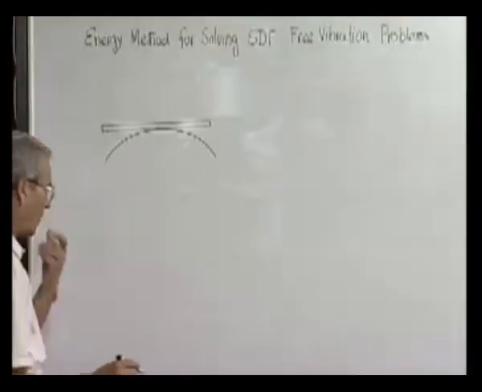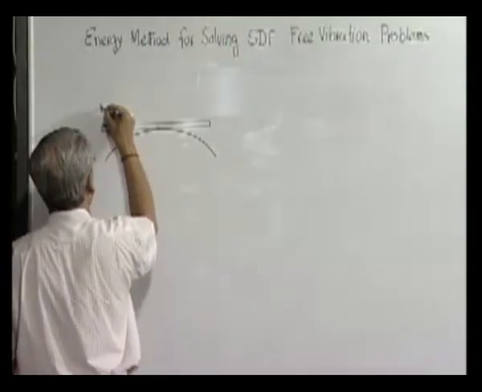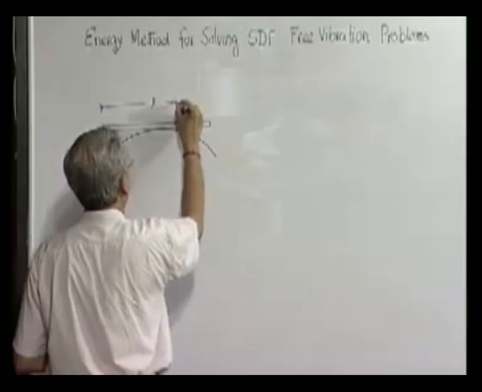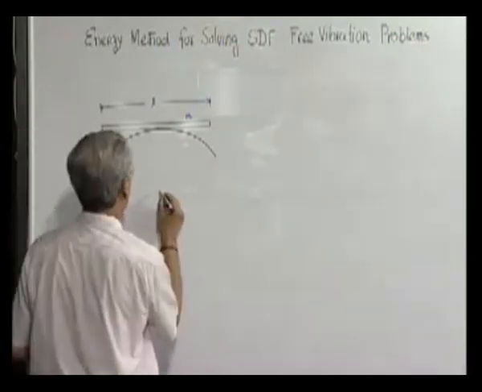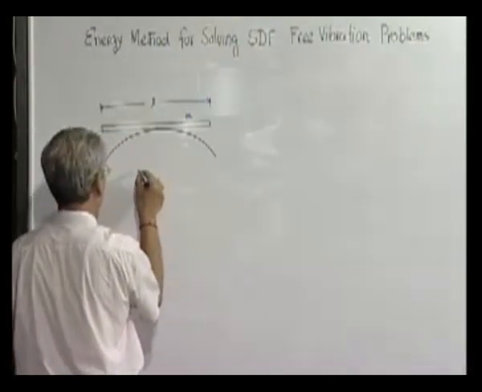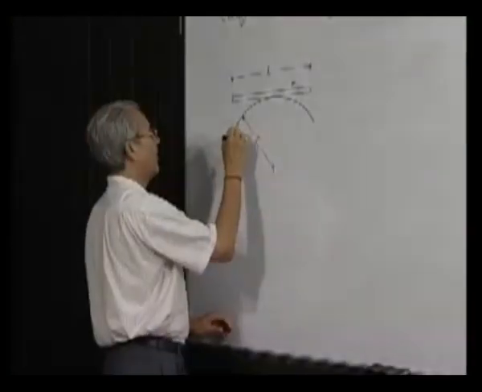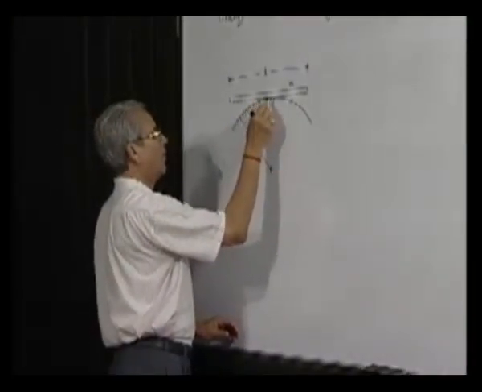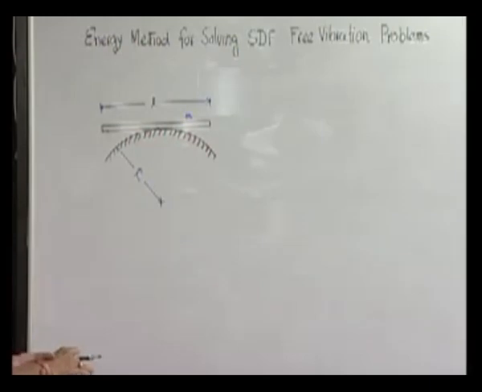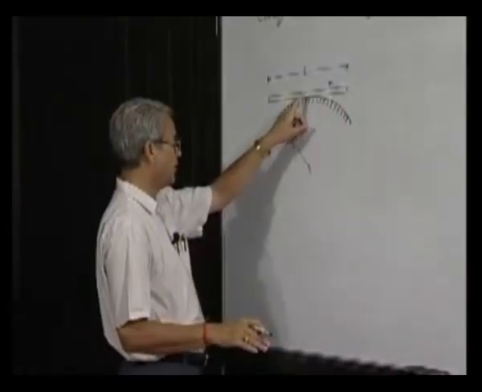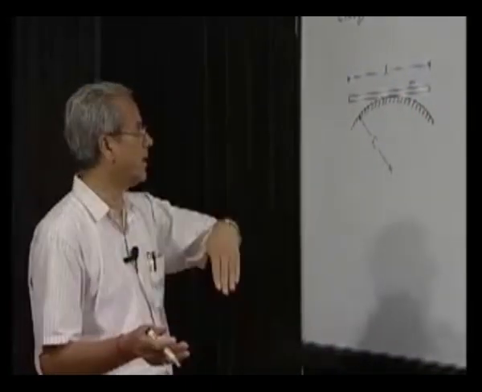A thin rod of length L and mass M is resting on a cylindrical surface. So this is the equilibrium position, and we also mentioned that the friction between this rod and the cylindrical surface is enough to prevent sliding, so that it can only roll.